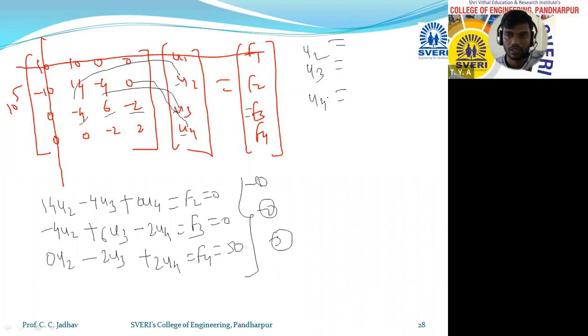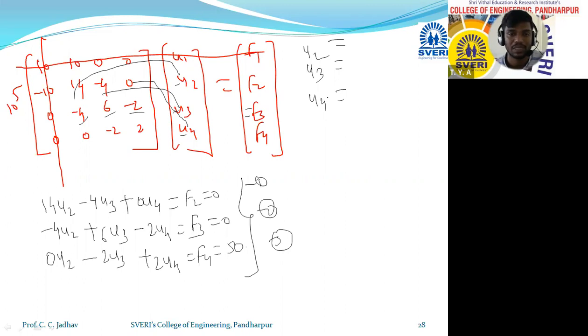Start the solving again. I am requesting all of you, please solve the equations and tell me the value of the u2, u3 and u4. Unless and until you are not responding, I can't understand whether you are understanding or not. Yes, start the solving. You are expert to solve the equations. You already know how to solve the equation in the mathematical M1, M2, okay, in BOM also.